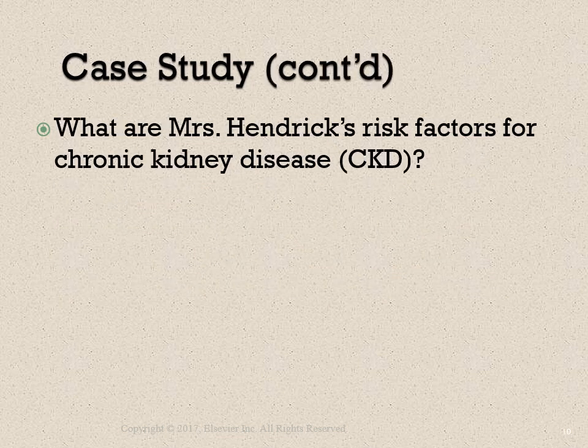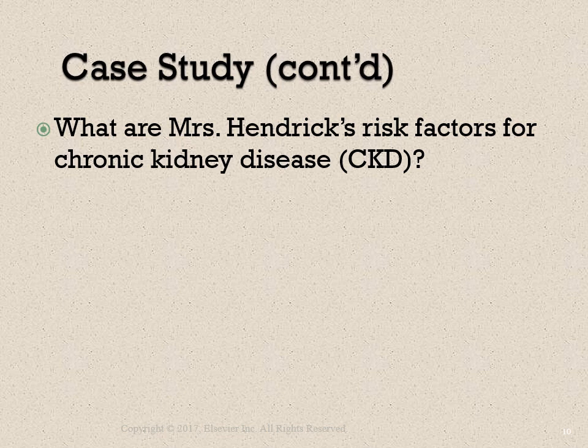What are some of Mrs. Hendricks' risk factors for chronic kidney disease or CKD? So what are her risk factors? I have some of her risk factors being older age. She's 65 years old. That's definitely a risk factor. Her race is a risk factor, as well as her poor glycemic control, her diabetes.